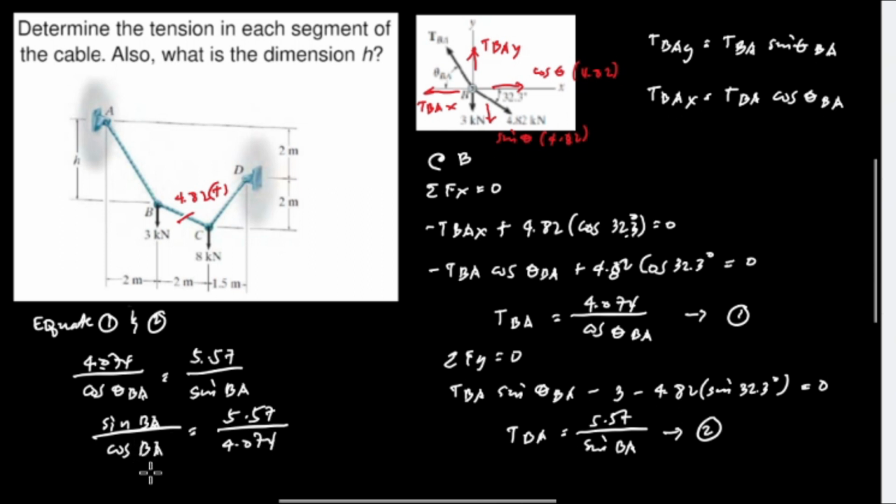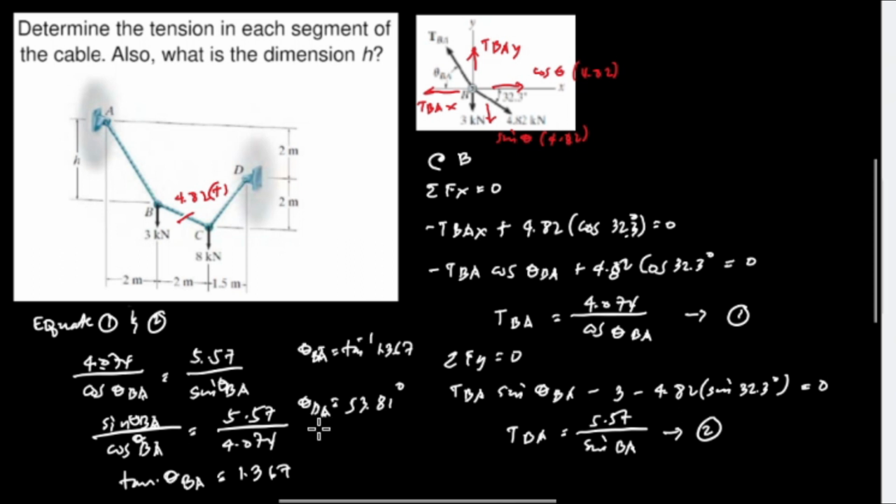Sine over cosine is tangent theta BA, and it is equal to 1.367, and our theta BA is equal to inverse tangent of 1.367, and the value is equivalent to 53.81 degrees. So that's theta BA.